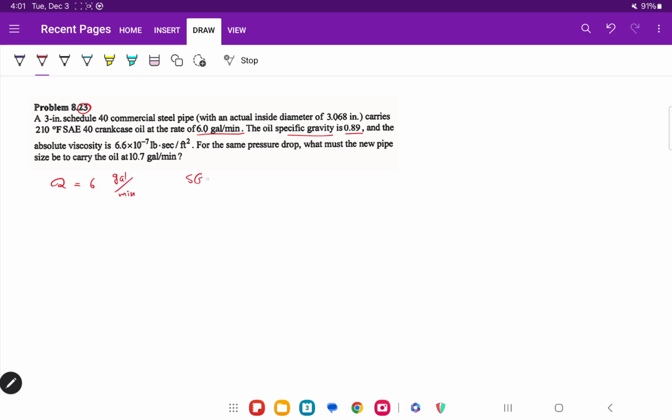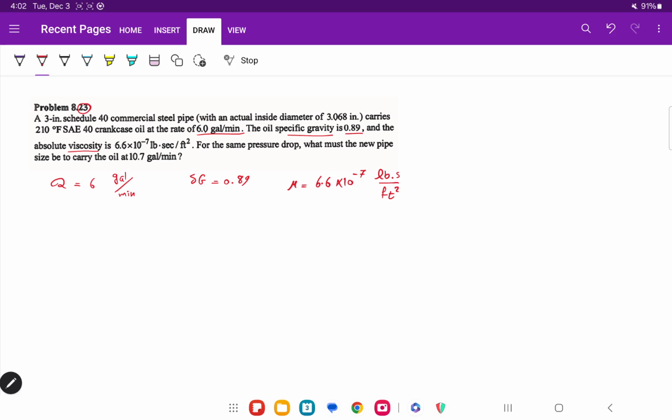So we know flow rate 6 gallons per minute. We know SG of the oil, 0.89. The viscosity, so we have the viscosity of this particular oil. Mu is 6.6 times 10 to minus 7 pound second per feet square.